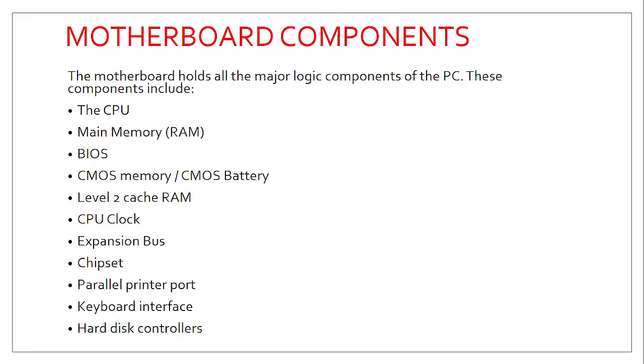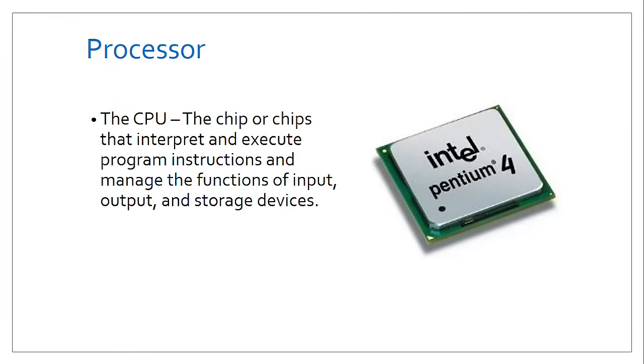We also have the complementary metal oxide semiconductor, the CMOS battery, that stores, for example, reminds the computer of the time and the date. We also have the cache RAM, which we're going to understand more about. We have the CPU clock, expansion slots, and so on. The motherboard houses, or allows various components to connect to it. One of the components that you're going to look at is the processor.